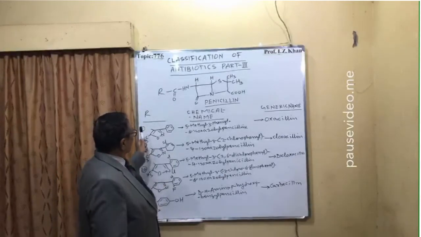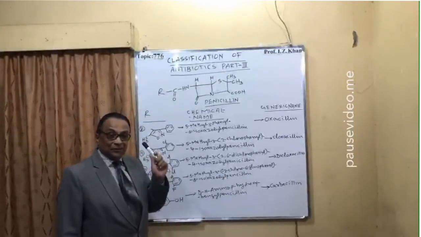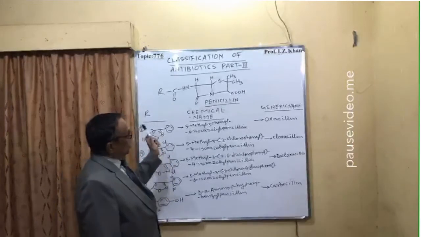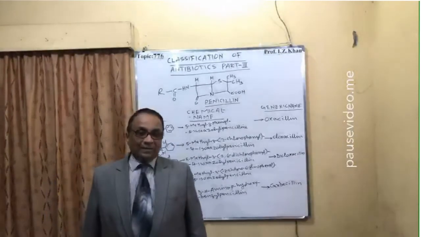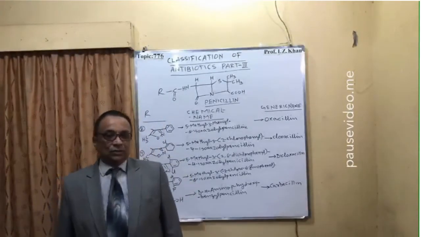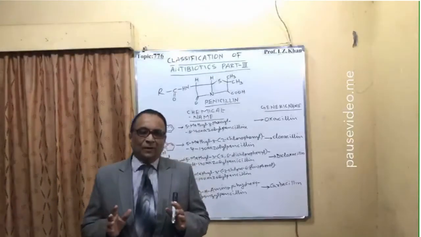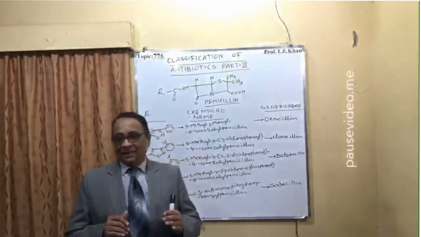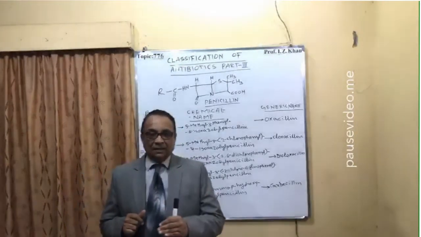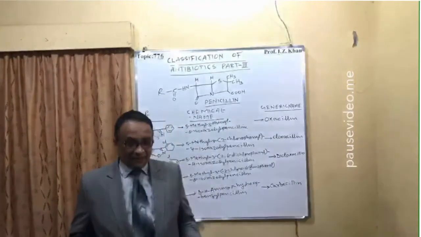I have already discussed up to number 7 in the previous 2 lectures, and here I am going to give some other penicillin group antibiotics, which are widely used. You know, the whole antibiotic chapter is classification, either synthetic, semi-synthetic, or isolated.